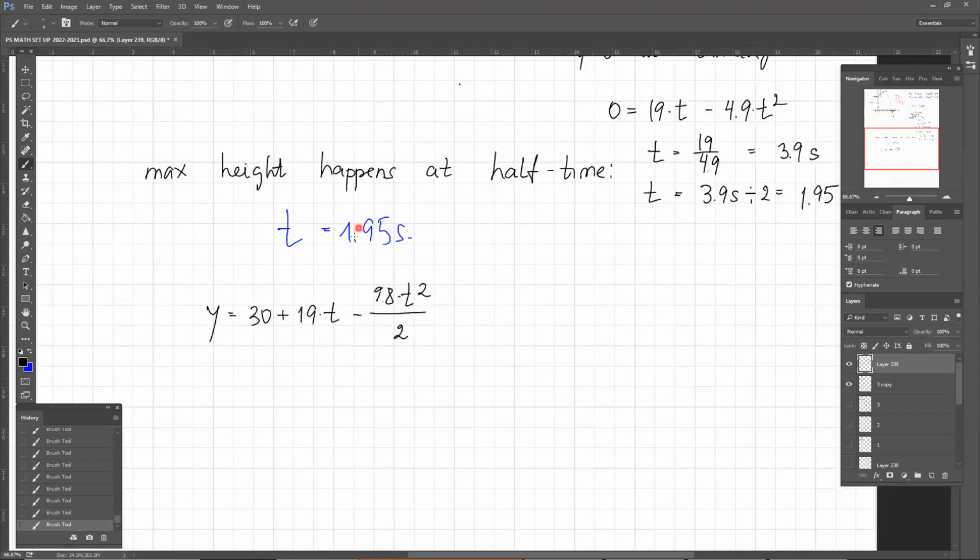And so when we put 1.95 in there, I will write this, but I'll leave it for you to do the calculation. 9.8, 1.95 squared divided by 2 equals, so you will do all these calculations.